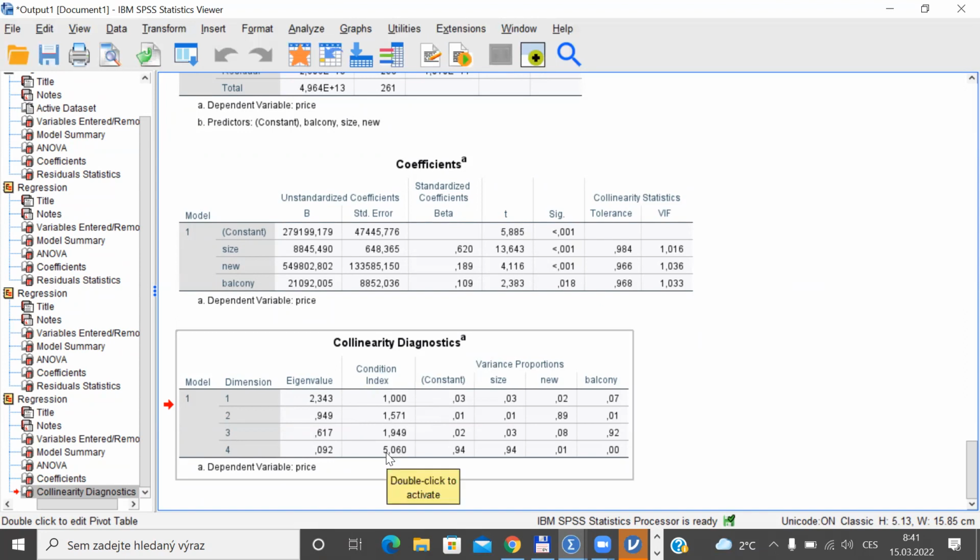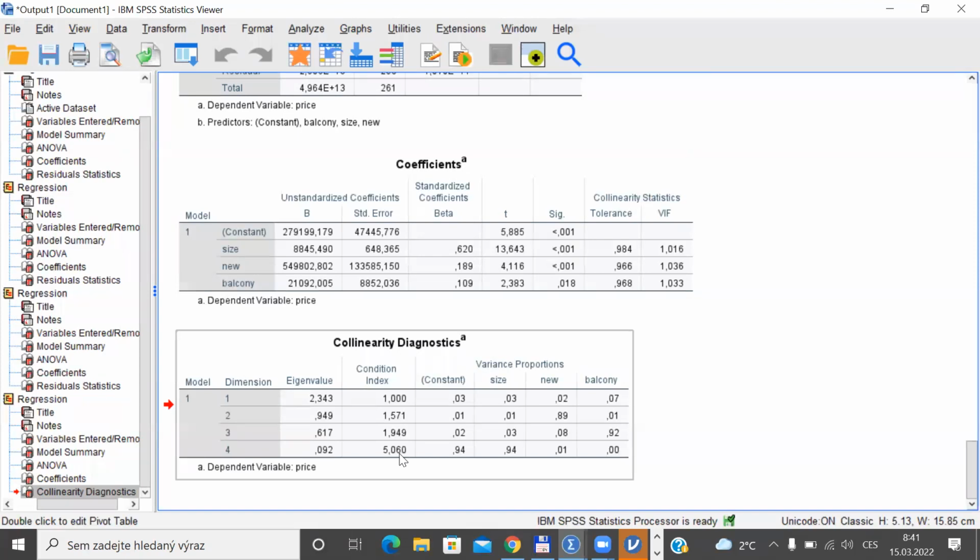And from the theoretical presentation last time, you know that values approximately above 30 mean strong relationship or strong multicollinearity between predictors. Here, as we have approximately 5, there are no doubts that predictors are not correlated strongly, and it's not necessary to solve the multicollinearity problem in my data.